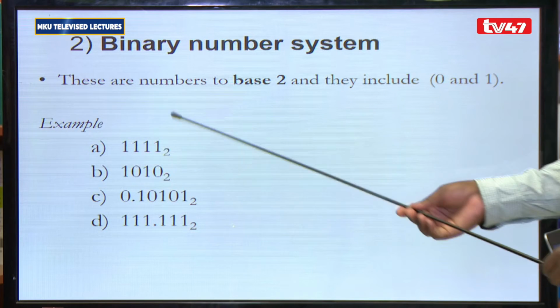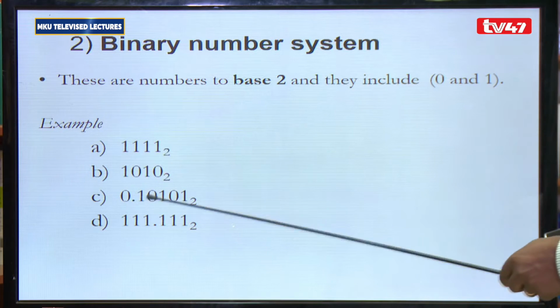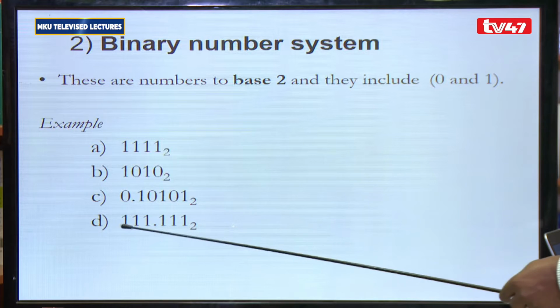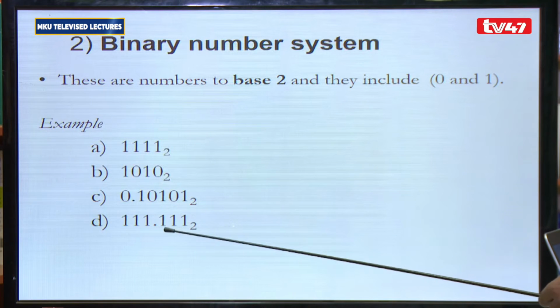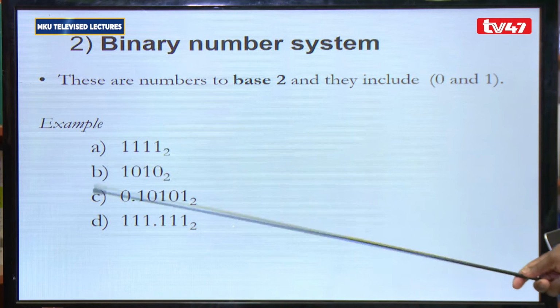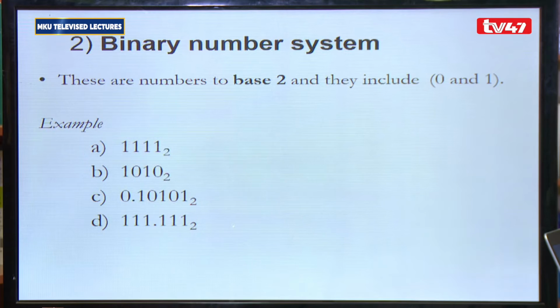We refer to them as a 0 and a 1, not as one hundred eleven. This is 111.111, this is 0.1010, this is 1010. We refer to them as ones and zeros, which are binary numbers.